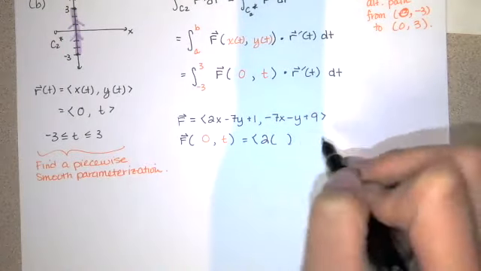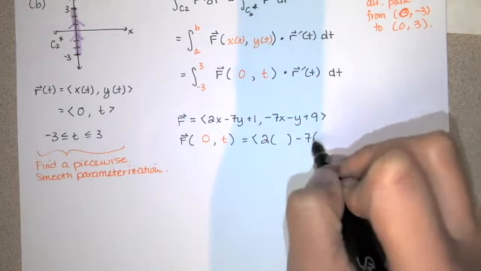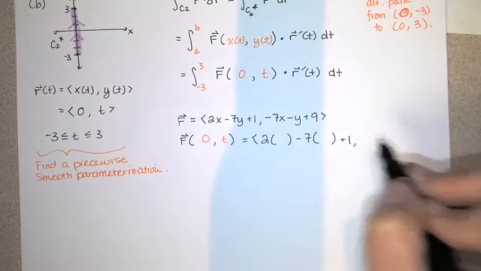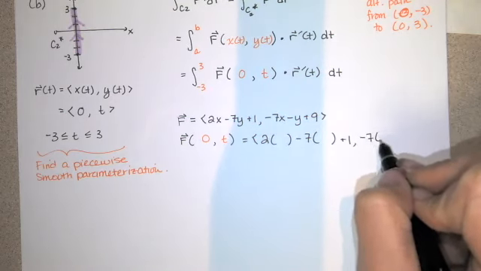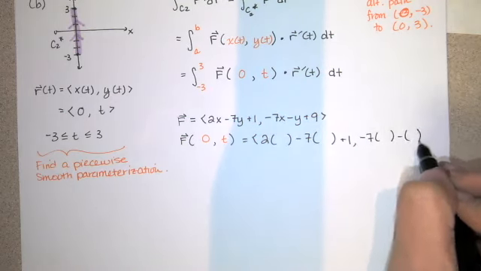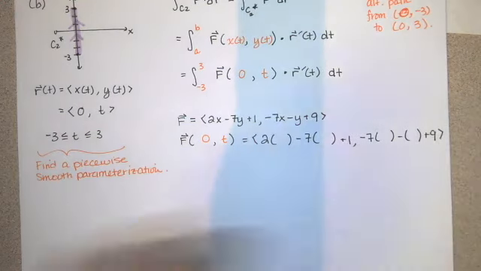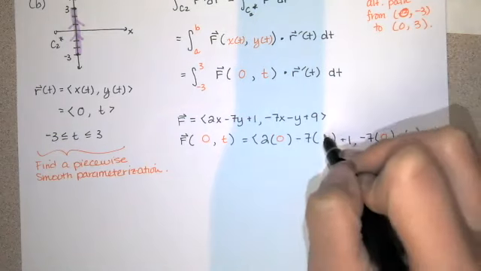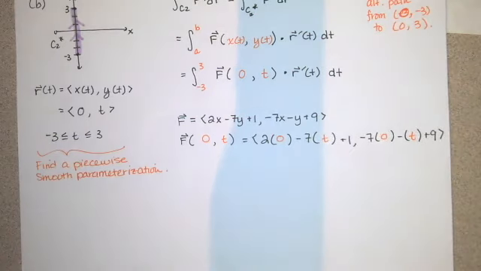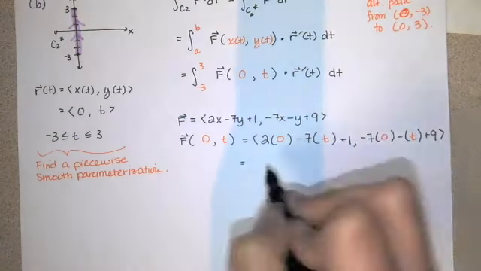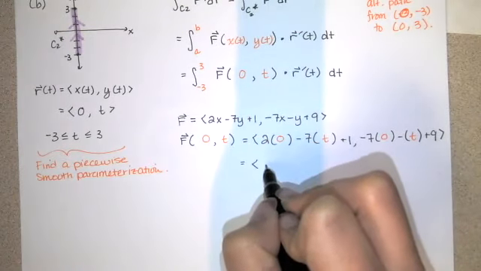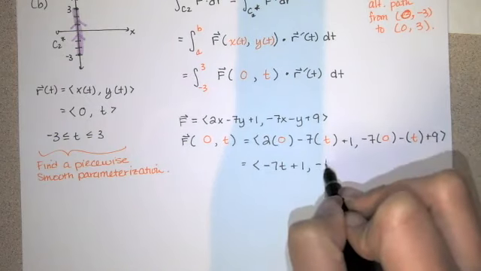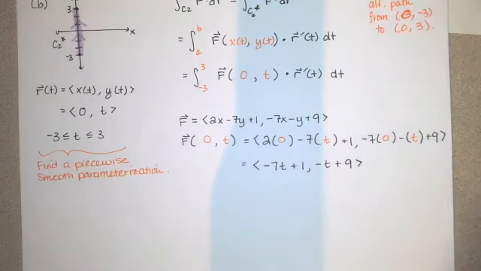So I will evaluate my field at those functions of t, replacing x with 0 and replacing y with t. Easy enough. Get a 0 there and a 0 there and a t there and a t there. So we end up with -7t plus 1 as our x component and -t plus 9 as our y component.